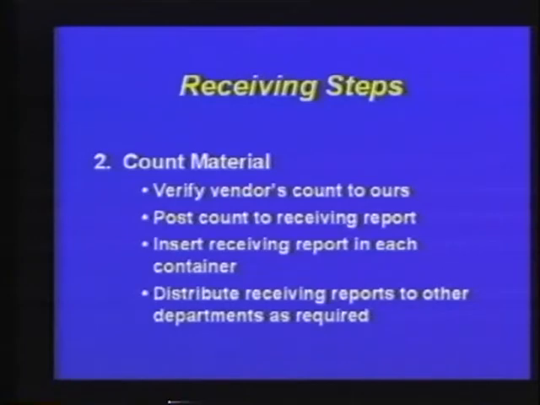The second step is to count the material, but here again, if I have 2 or more containers, each container is going to be identified with a copy of the purchase order if the item is a purchased item, or a copy of the manufactured order if the item is manufactured, and we are going to verify the count in step number 2.